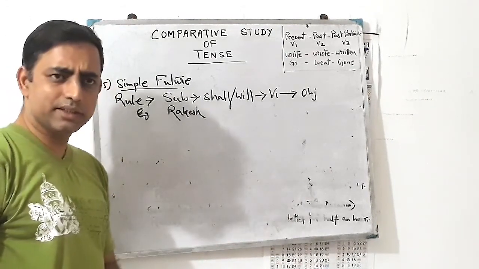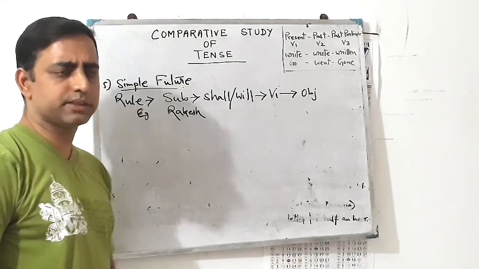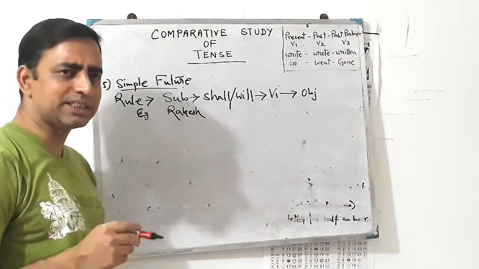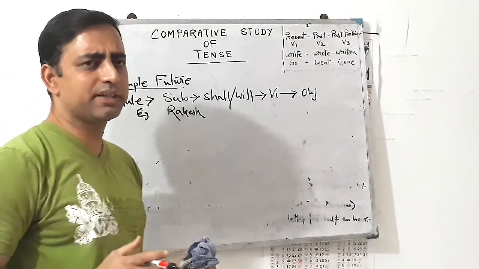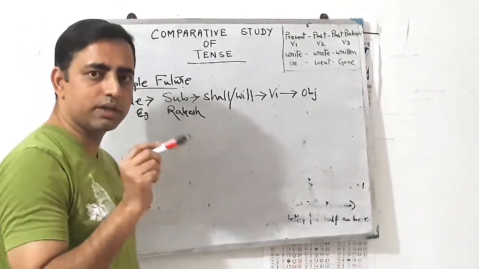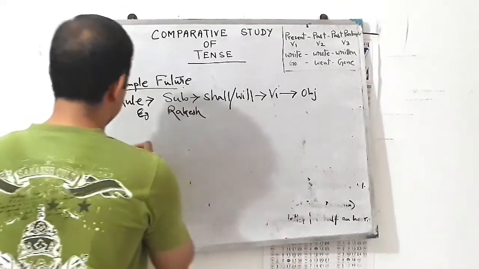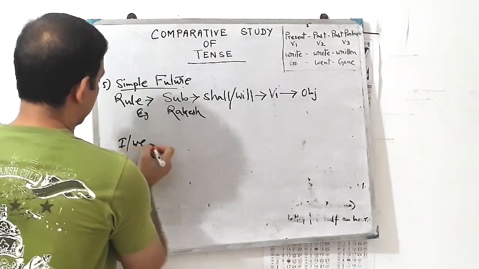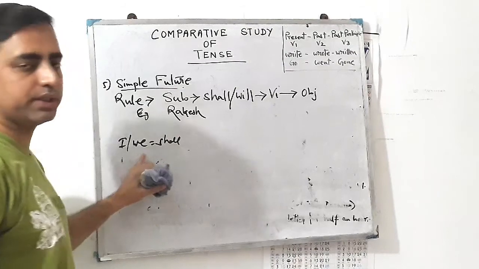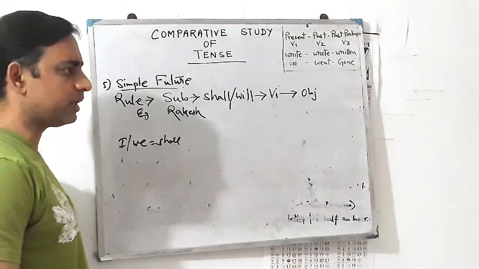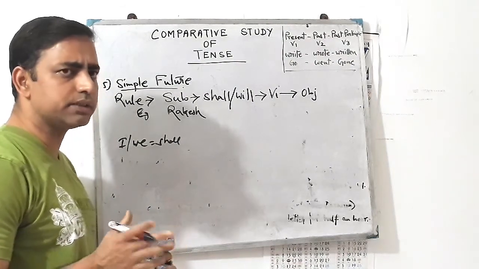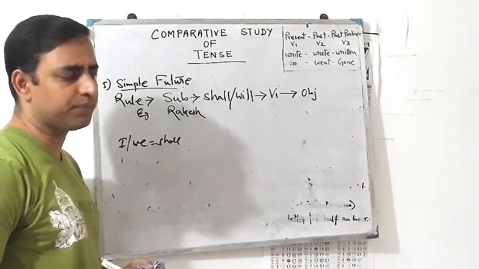Generally, in most cases, we use the second one, will. But earlier the strict grammarians said that shall should be used only with I and we. Nowadays this rule isn't followed so strictly.